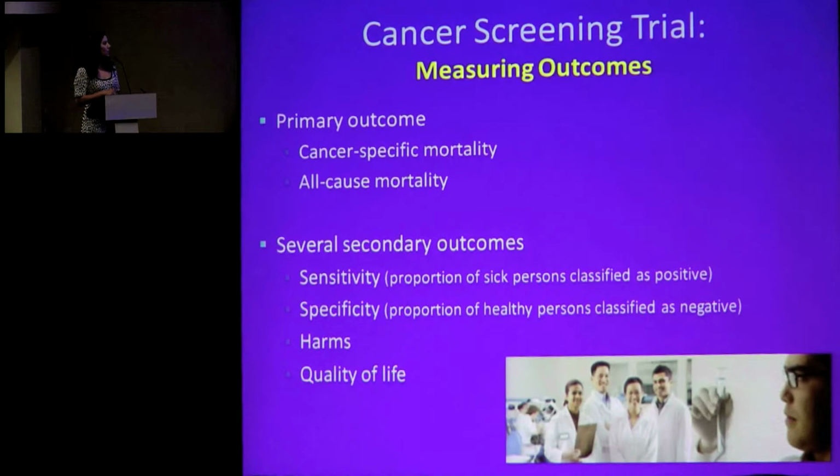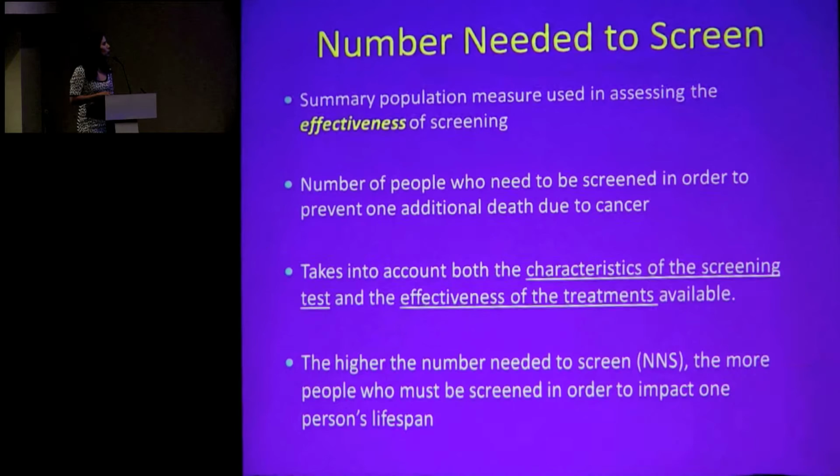And both of these, sensitivity and specificity of a screening intervention, are going to be very important. Also, other secondary outcomes may include the harms and the quality of life of participants or of the people that receive the intervention versus those that participate in the control group.